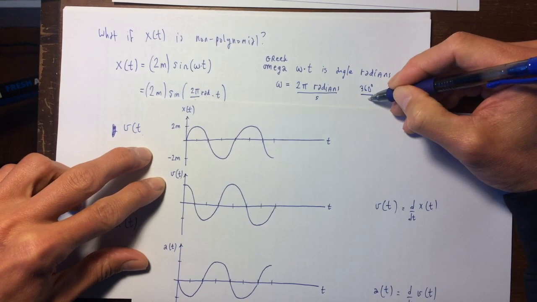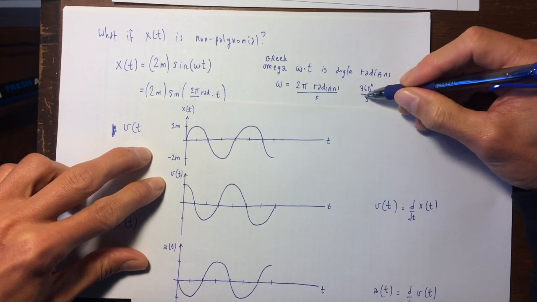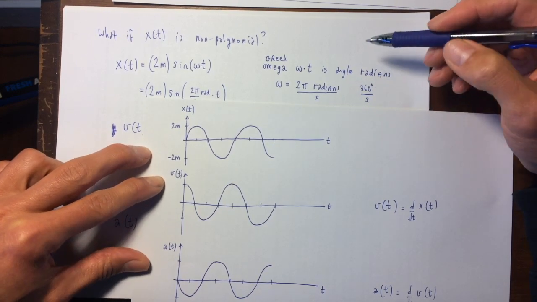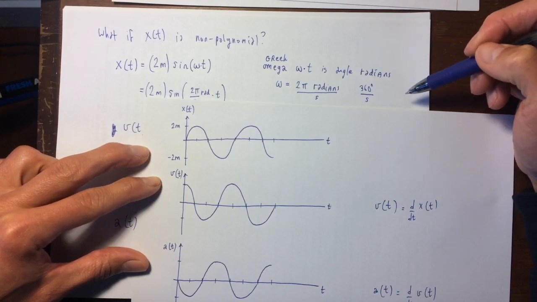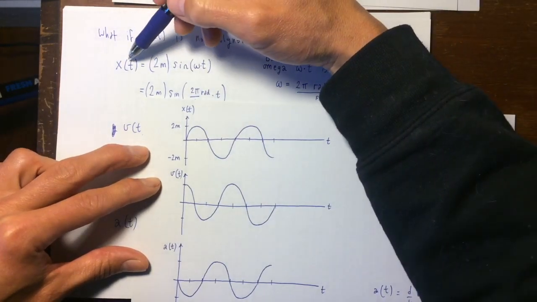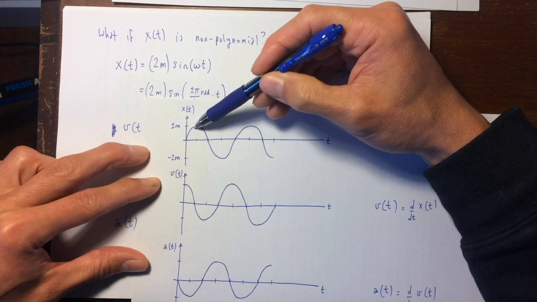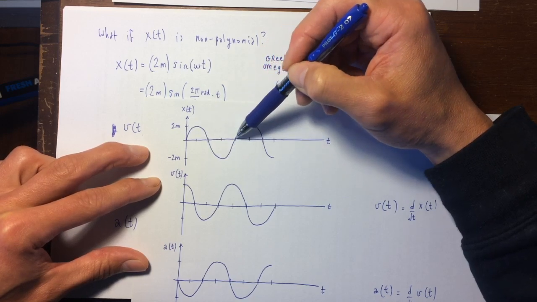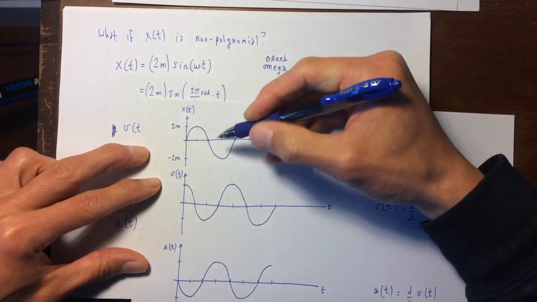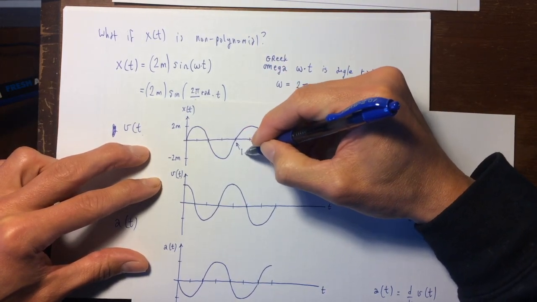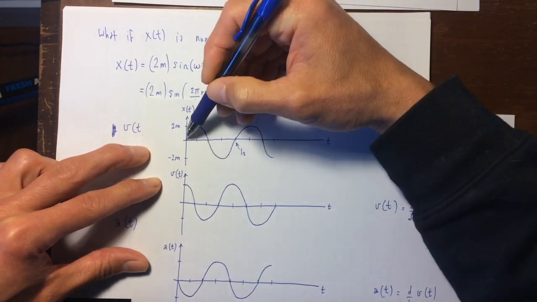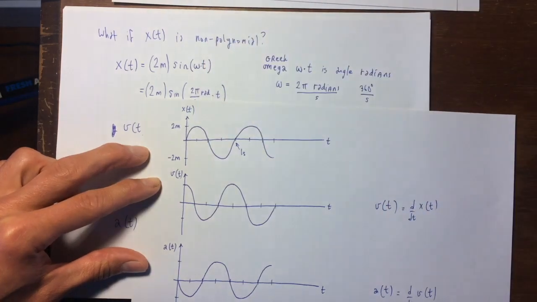And this happens every second. That is, it takes 1 second for the angle to go from 0 to 360. So that means that x of t is going to take 1 second to start at 0 and go back to 0 1 cycle later. So this right here is 1 second, and this is 0 seconds.